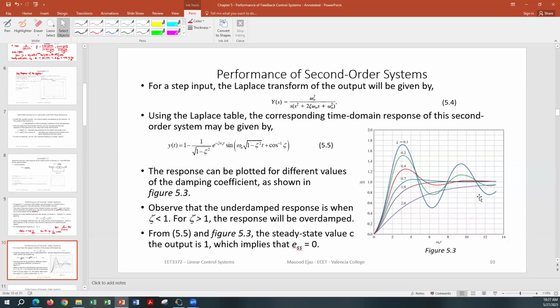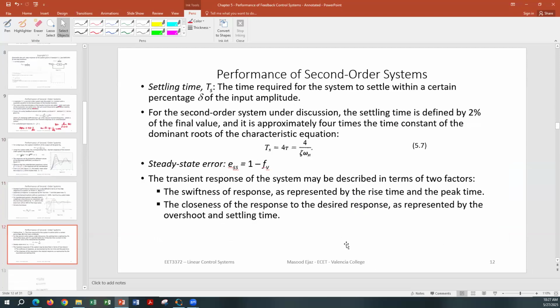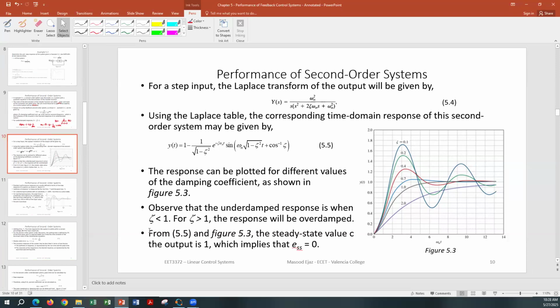But again, they have to be designed properly, otherwise oscillatory nature can be really dangerous for the system. So for zeta greater than 1, the response will be overdamped, as I mentioned. And for zeta equal to 1, it is critically damped response.